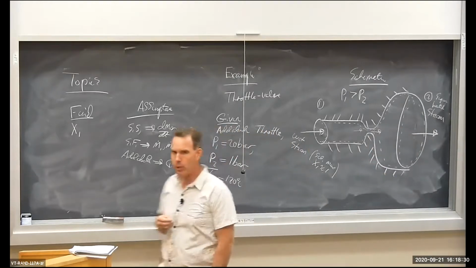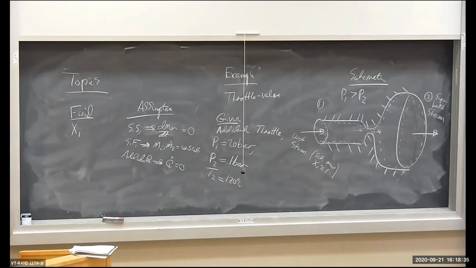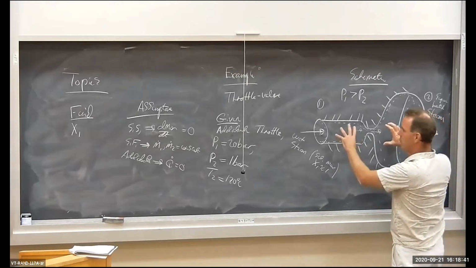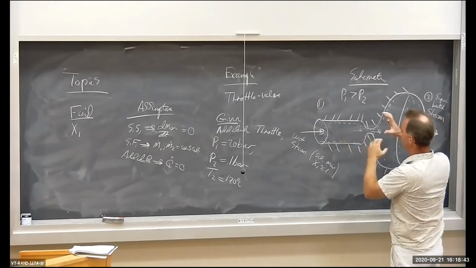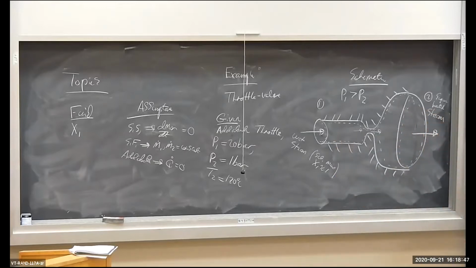What about boundary work? That's due to a change in volume of the control volume, the system. Any change in volume is this tube, this throttle valve, twisting and getting distorted over time. I don't think so. I have no indication that the actual throttle valve is changing shape. Therefore, it's not changing volume.